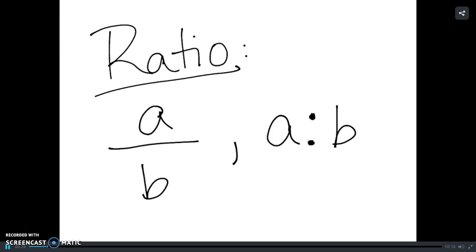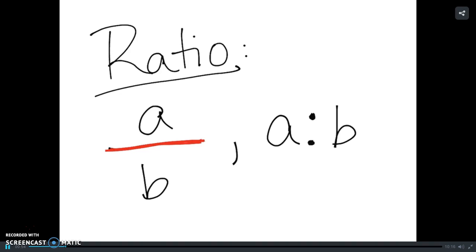Either way that we write them, we mean to say that these two numbers have a special relationship, or we're comparing them, and specifically, we're comparing them using division. I know that some of you may not remember this, but the reason we can write fractions this way is because that line between the A and the B means that we are dividing those two numbers.